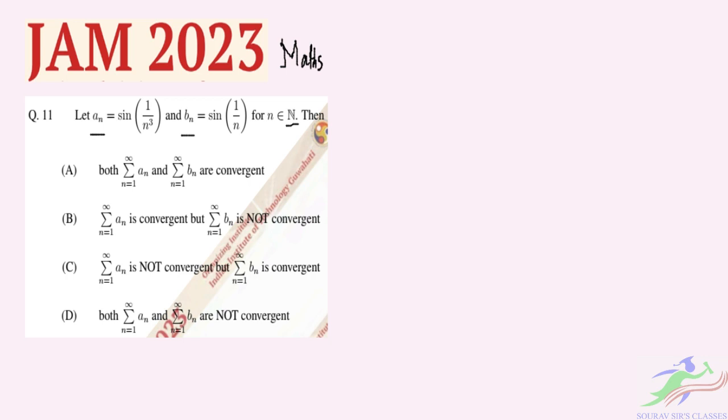So let us take a sequence. Suppose c_n is a sequence, and let us take c_n equal to 1 by n. When we express it in the form of a series, summation of c_n is equal to summation of 1 upon n.